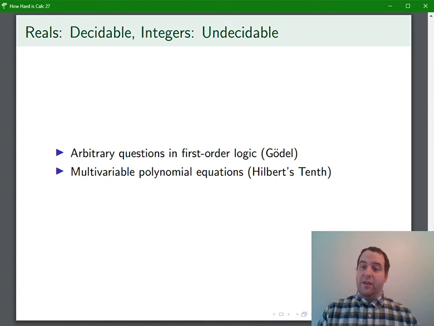On the other hand, if we're dealing with reals, these sorts of questions wind up being very decidable. If we have an arbitrary question in first order logic involving just the real numbers, not the integers, we can decide it. That's the Tarski-Seidenberg theorem. And if we have a multivariable polynomial equation in the real numbers, we can determine if it has solutions or not.